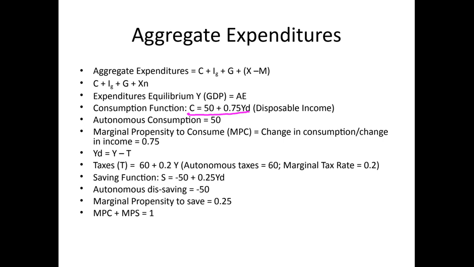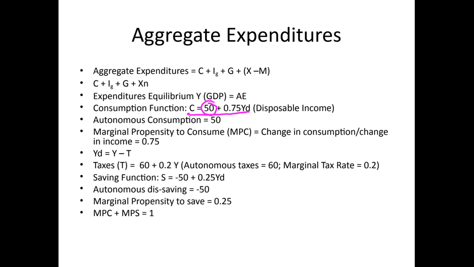So the saving function is, with this 50, when your income is zero, that is the meaning of autonomous consumption: even if your income is zero, you still are going to consume 50. Where does this $50 million come from? You are not earning anything, so you must use this $50 million from your savings.